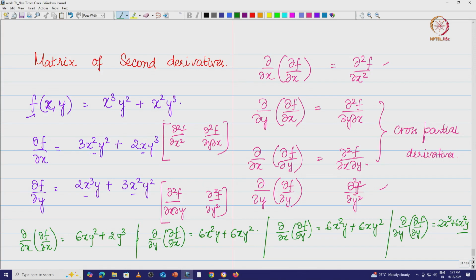So, what are we going to do? We are going to populate the matrix. We are going to write it this way: dou square f by dou x squared, dou square f by dou y squared, dou square f by dou y dou x, dou squared f by dou x dou y.